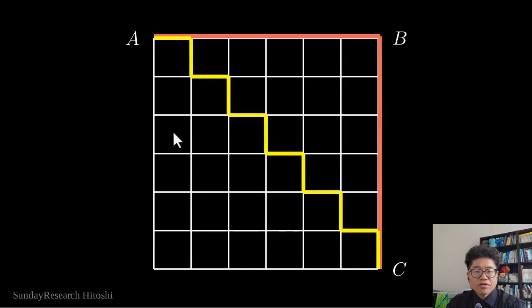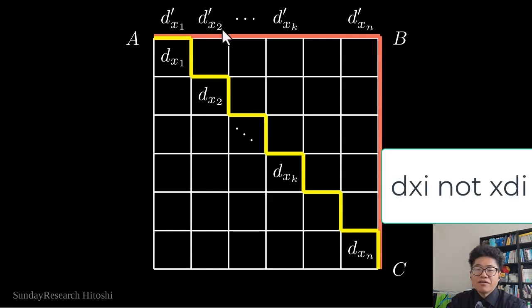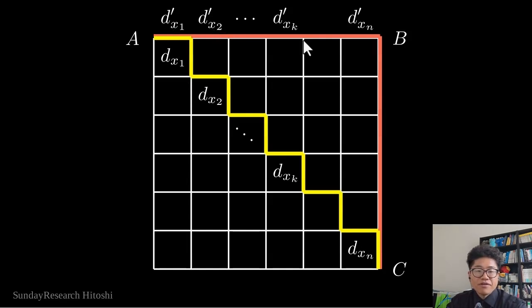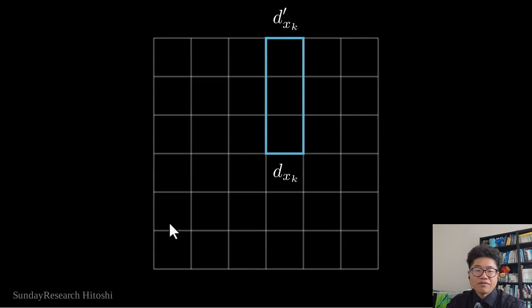First, let's consider the horizontal component, the x direction. Let each horizontal segment on the zigzag path have a length dx_i, and let the corresponding segment on AB have a length d-x_i. Because everything is drawn on a square grid, every segment pair dx_i and d-x_i forms a rectangle, since the opposite sides of a rectangle have the same length.